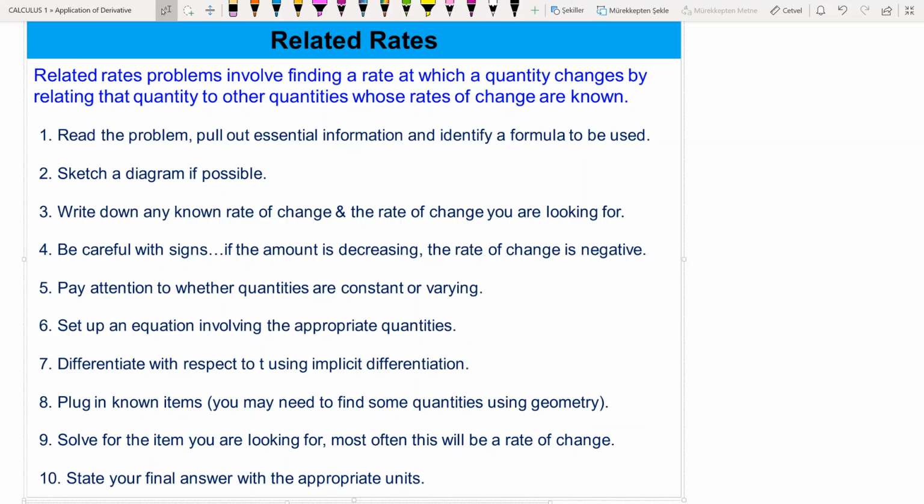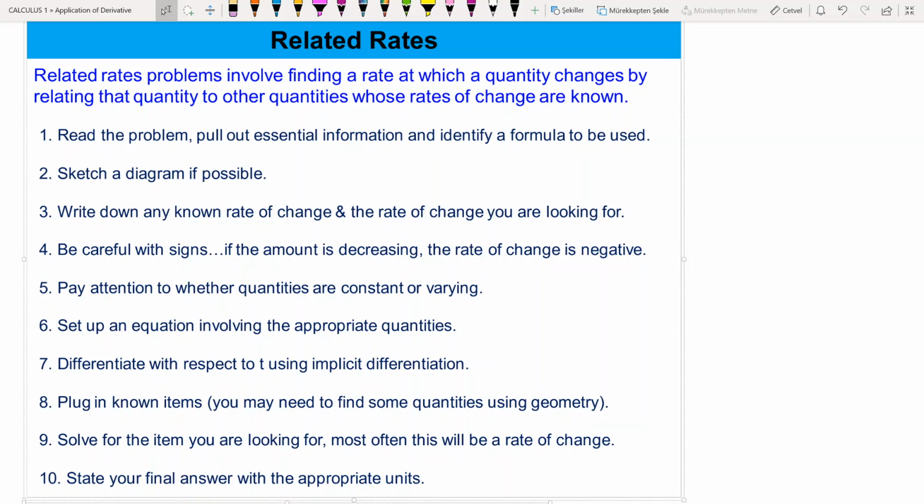First, it's better to sketch a diagram or figure if it's helpful, and second, identify all relevant variables, including those whose rates are given and those whose rates are to be found, and then express all given rates and rates to be found as derivatives.